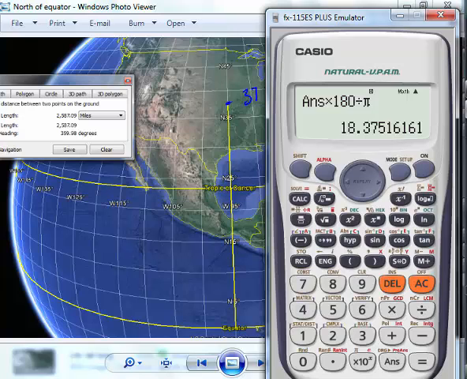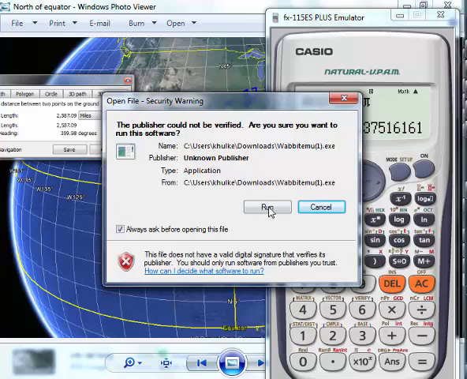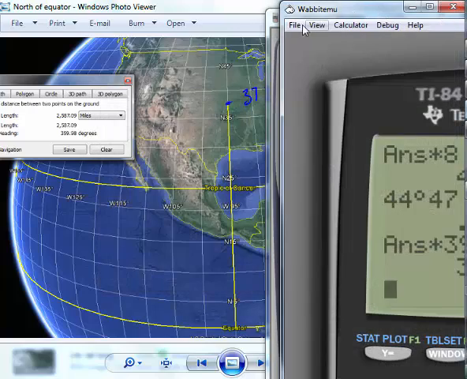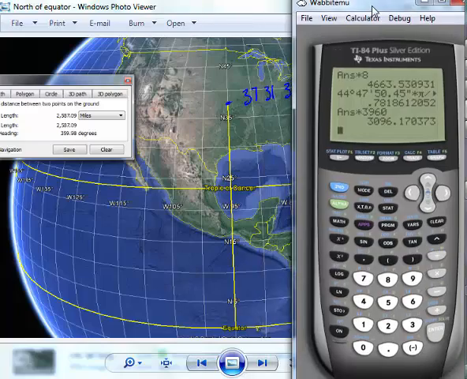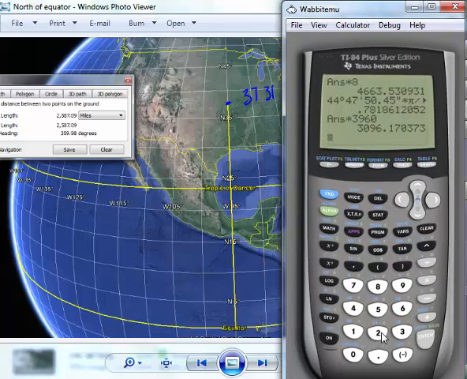Let's use the other calculator. Miles is 2,587 miles divided by, we said the radius of the Earth is 3960.